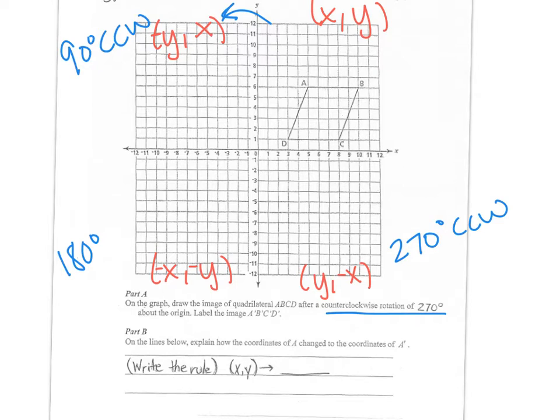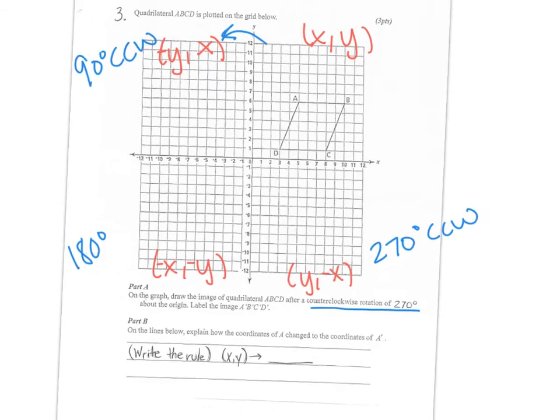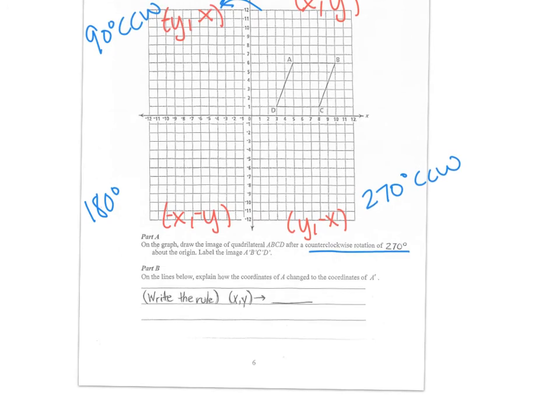What I would suggest is the first thing you do is write down your coordinates for A, B, C, and D. So let me zoom out just a little bit so we can see this. A is at (5, 6). B is at (10, 6). C is at (8, 1). And D is at (3, 1).